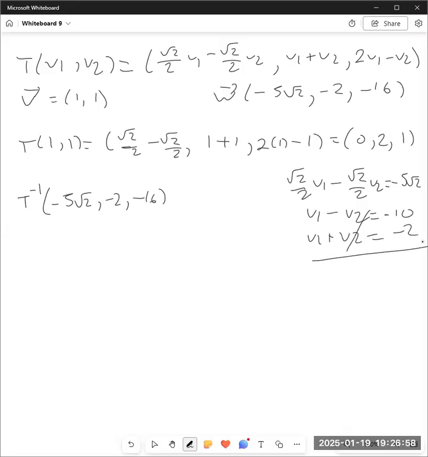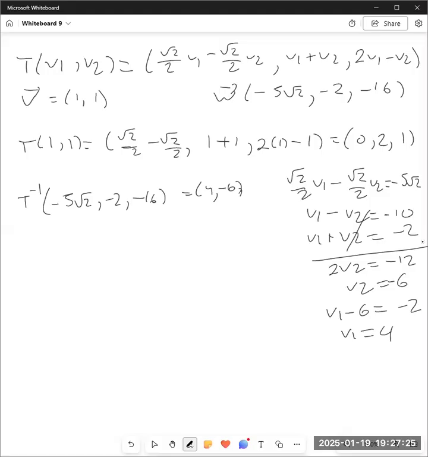Adding those together, 2v2 is equal to -12, making v2 equal to -6. And v1 minus 6 is equal to -2. So v1 is 4. 4, and then -6.